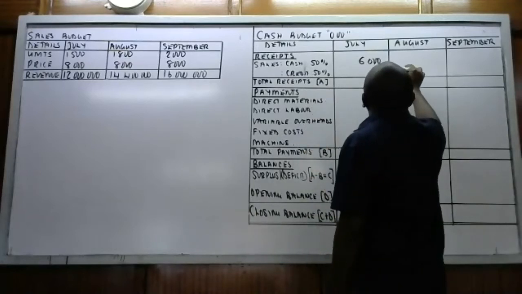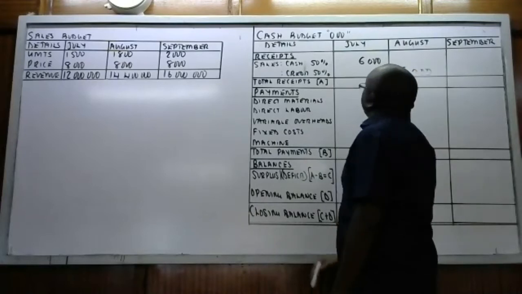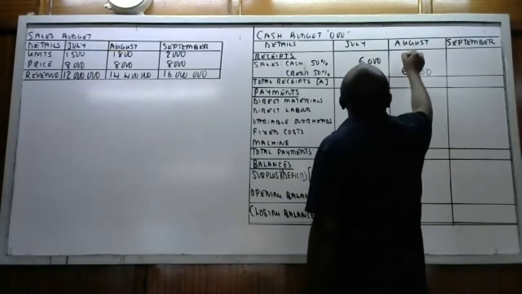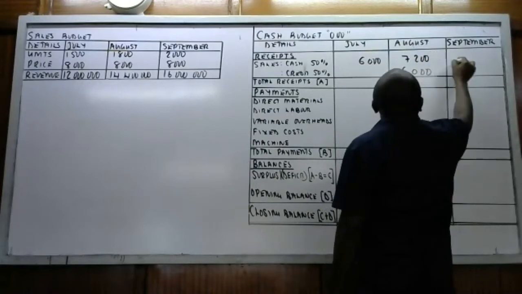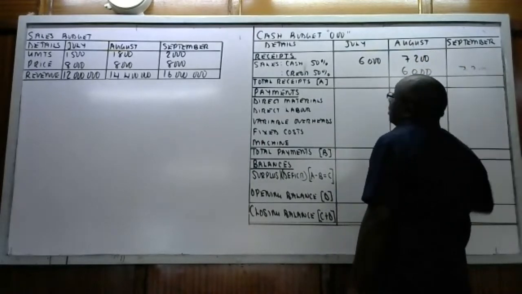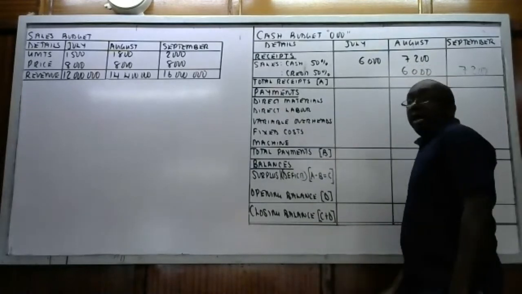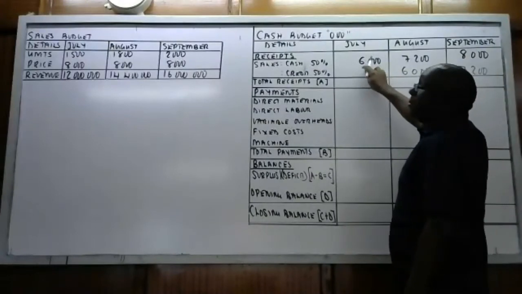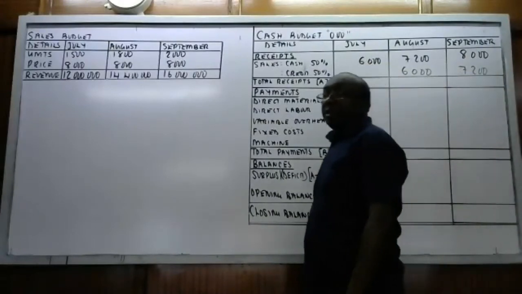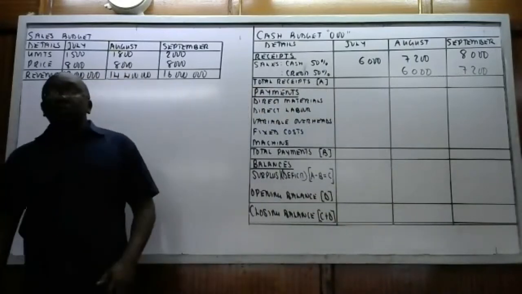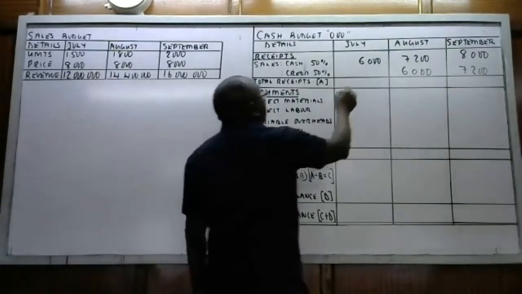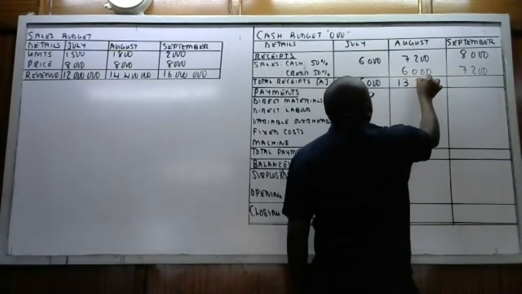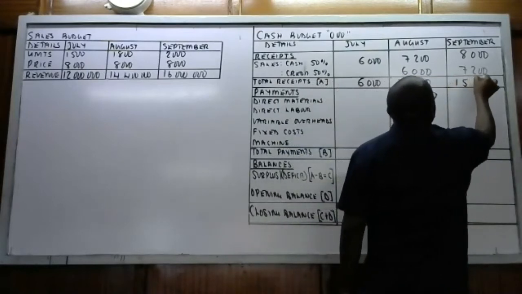Alafu sasa hapa August tutalipwa ile ingine imebaki 6,000, then ile ingine kwa August 7,200. So tulipwe 7,200. Hiyo ingine tutalipwa huko September. Na hii ya September 8,000 tulipwe hapa. So hapa hakuna kitu tunalipwa because we are not told May walikuwa wameuza ngapi. So that means here we should be talking of 6,000, 13,200, 15,200.